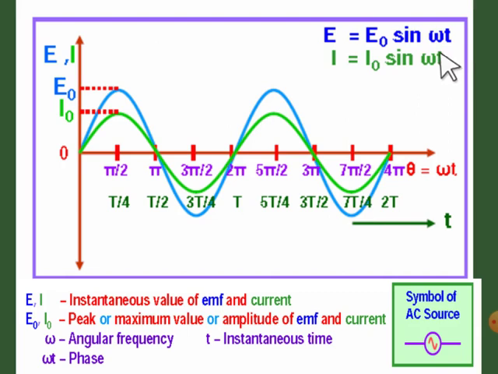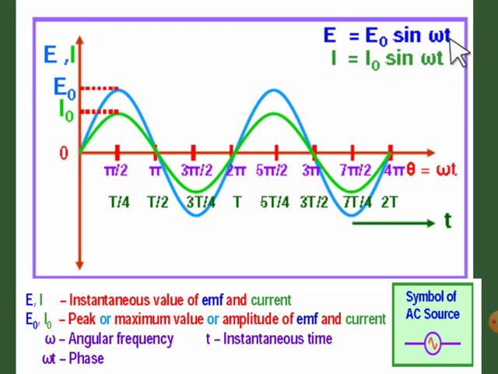Now see here, in the case of sinusoidal functions, both in the EMF and in the current we have omega t. If there is no difference in this phase, then we say they are in phase. AC EMF and AC current, these two physical quantities, are in phase.